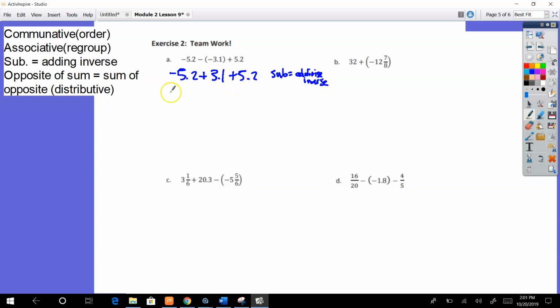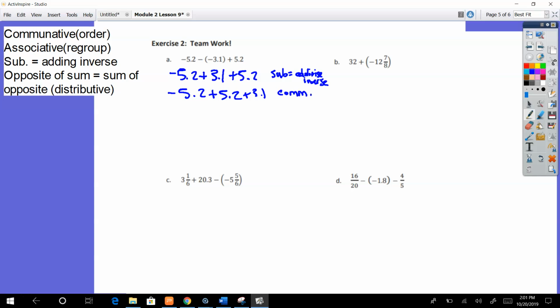I want to put those together because they're additive inverses, so negative 5.2 plus 5.2. What tells me I'm allowed to do that is the commutative property, which means I can reorder when there is addition.